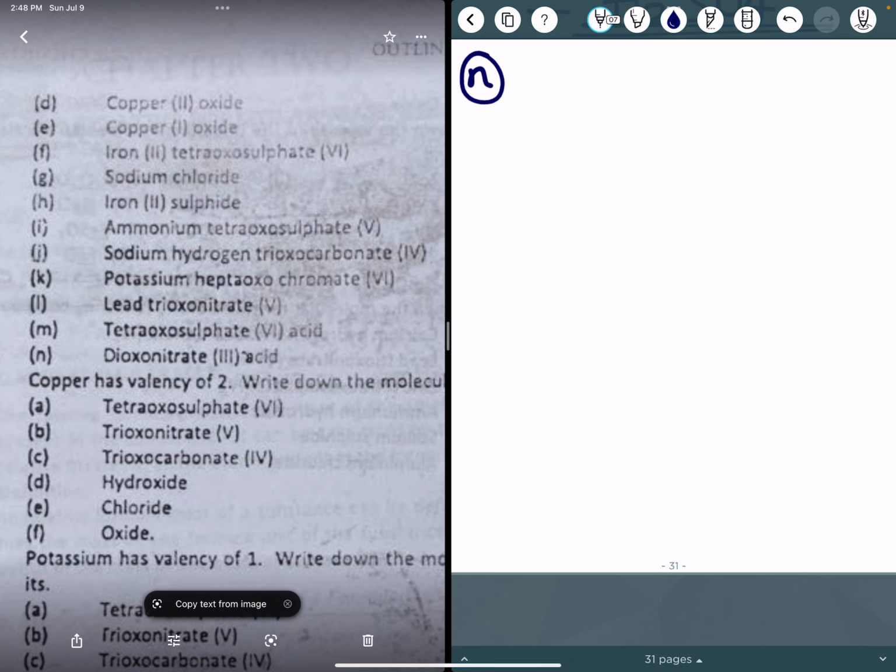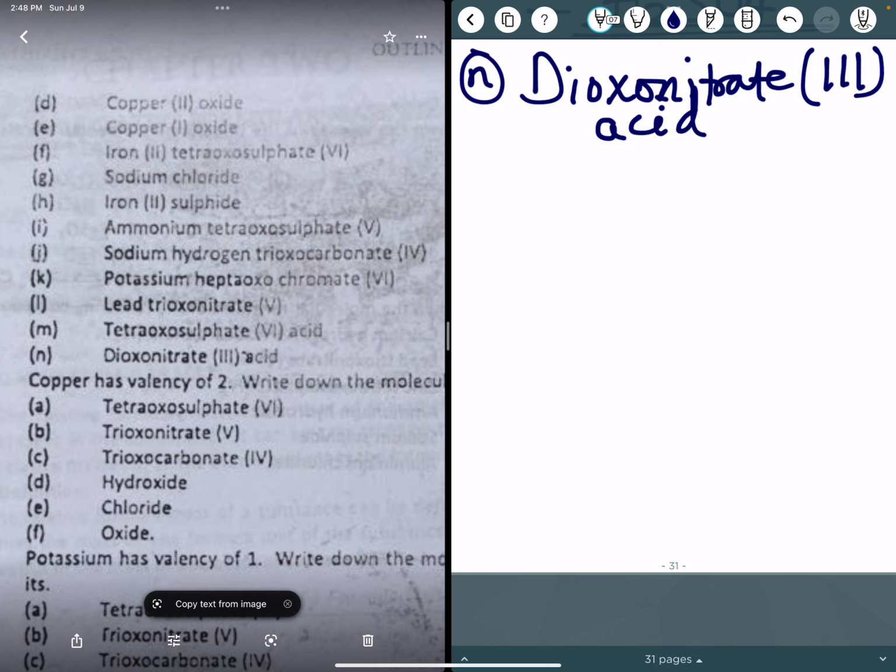N is dioxonitrate 3 acid. Dioxonitrate 3 acid is also a compound that contains hydrogen ion as the only positive ion when it dissociates in solution or in water.